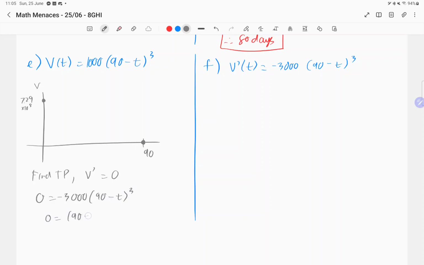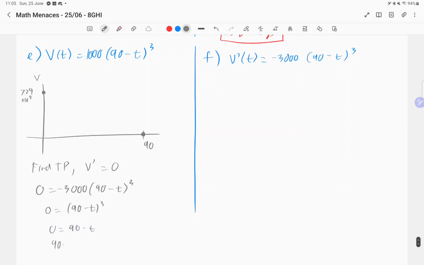Right, (90 minus t) to the power 3 must then be 0. Yes, it's the turning point because the turning point is when the derivative equals 0. So it must turn around over here. We can tell this is going to be a minimum, because if it's a maximum, there's no way you can get back to the initial without another turning point.